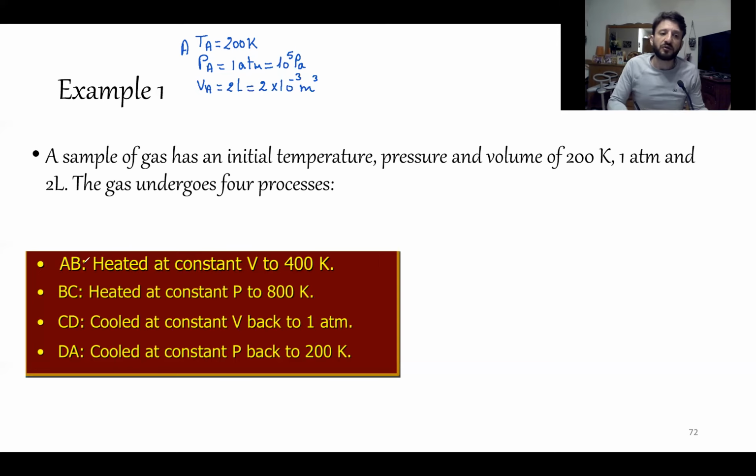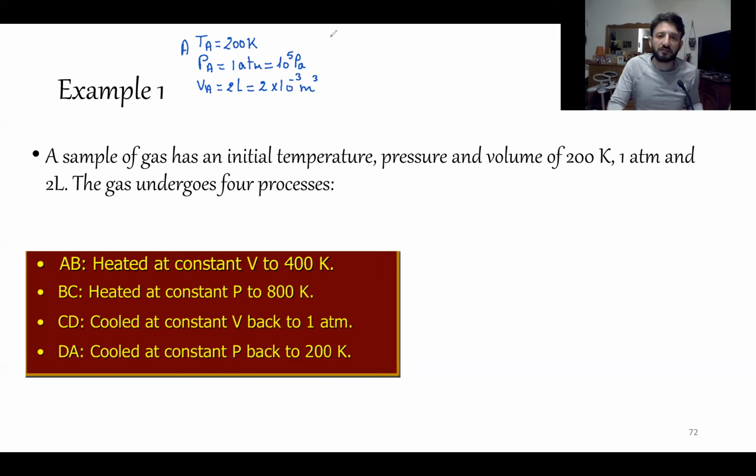AB, first of all, we have heated the gas at a constant V. When I say heated, it means we have Q hot, Q positive, okay? At a constant V, we have isochoric, to the point B, where T equals 400 Kelvin.